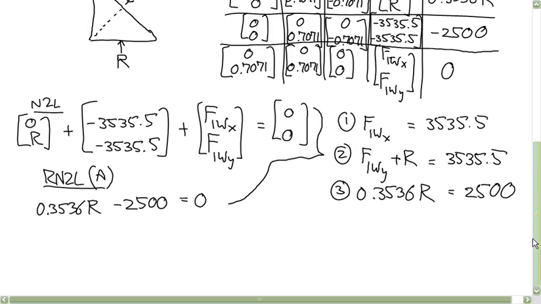And what do we have for variables? F1WX, F1WY, and R. Right now, to cut down the size of the big matrix equation you get at the end, you have 3 equations, 3 variables. You won't be done with the problem because you haven't solved all the things you need yet, but you could solve this for these 3 variables, and that would cut down your number at the end.